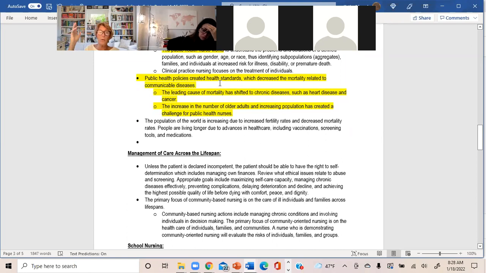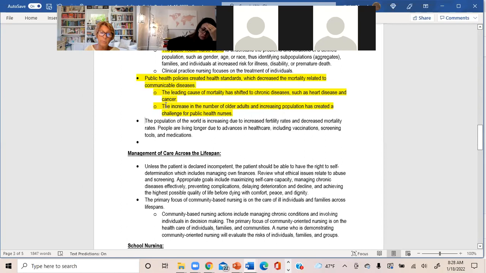In this question, please pick the one reason mortality is shifted, or what is it shifted to? Shifted to chronic diseases. And why is it shifted to chronic diseases? People living longer, medication, technology, right?